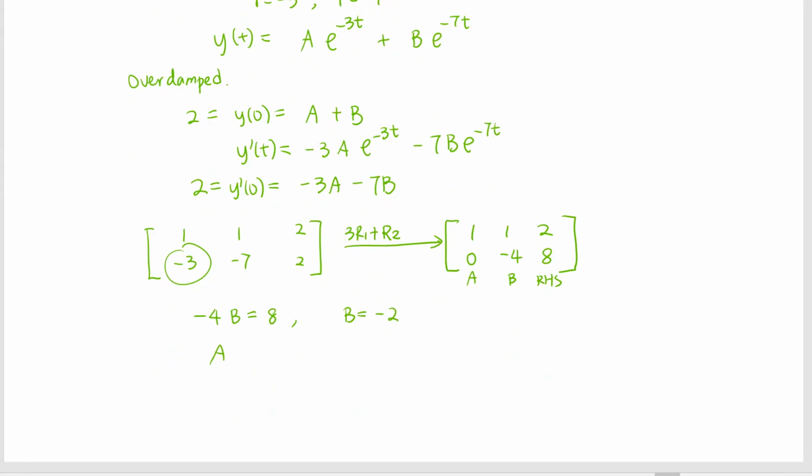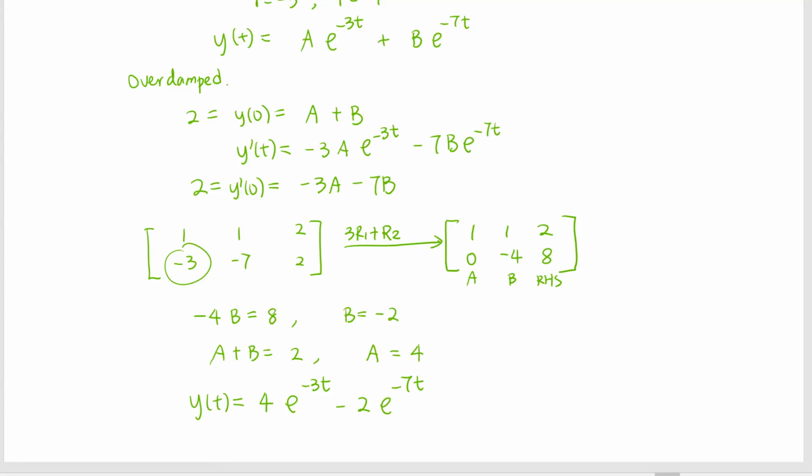And then we plug in the first equation, A plus B is 2. Oh, then A is 2 minus B, so 2 plus 2, which is 4. Oh, so our solution, A is 4, so 4e to the negative 3t. B is negative 2, e to the negative 7t. So far, so good.